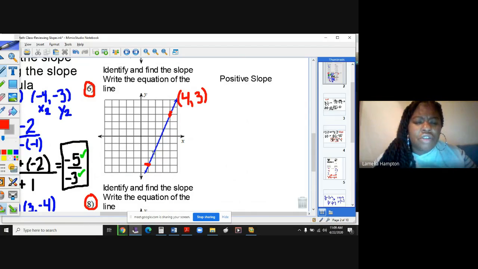So now I want you all to tell me what is this coordinate right here. And I'll give you all a moment to count and do all that good stuff. But let me know what coordinate that is. This one right here, the second one.